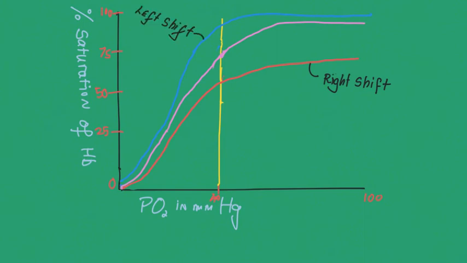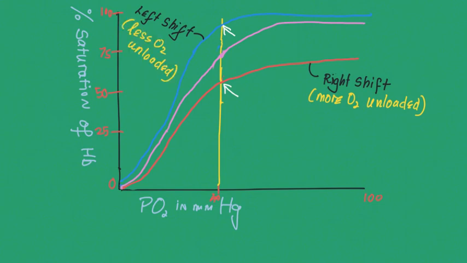These shifts to the right and left are important because they represent the percent saturation of hemoglobin in different situations. In the right shift, the hemoglobin is saturated 50%, which means that it is unloading more oxygen. On the left side, the percent saturation is almost 100%, which means that less oxygen is being unloaded by the hemoglobin. So what does this mean?